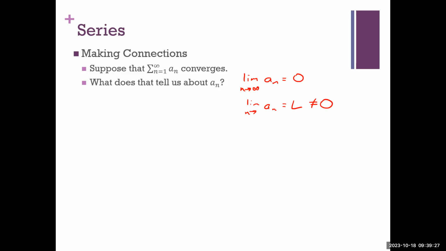If the sequence converges to something that's not zero, then essentially I'm adding L several times, right?